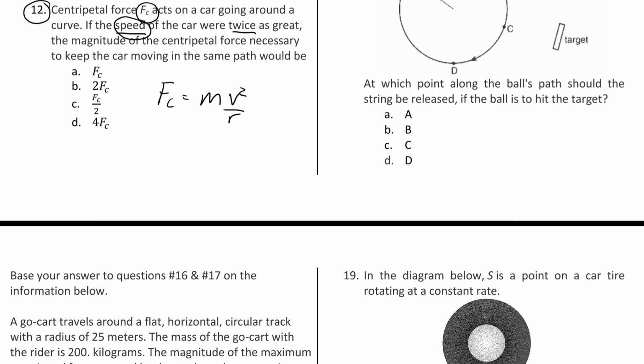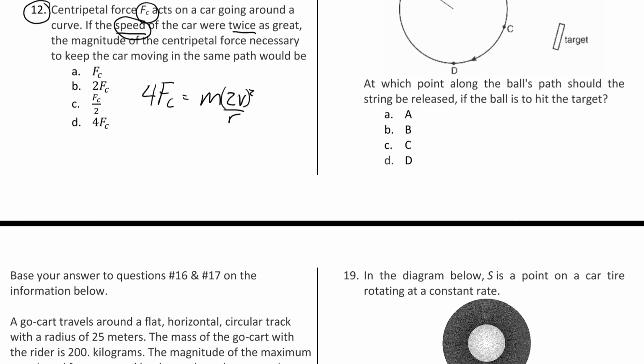So let me rewrite this so I give myself a little bit more space here. So this is v like that. We're doubling the speed. We're doubling the velocity. Velocity is squared in this equation. So you have a 2 squared. So 2 squared is 4. It's an exponential relationship.